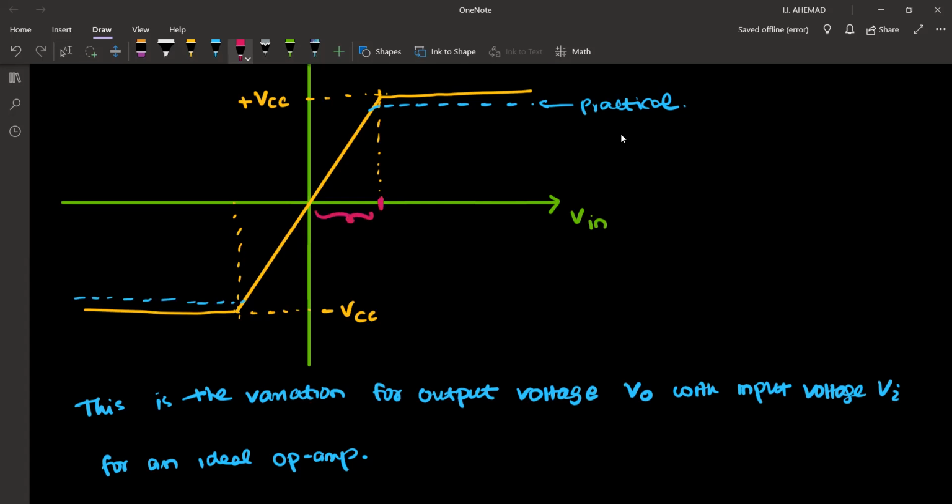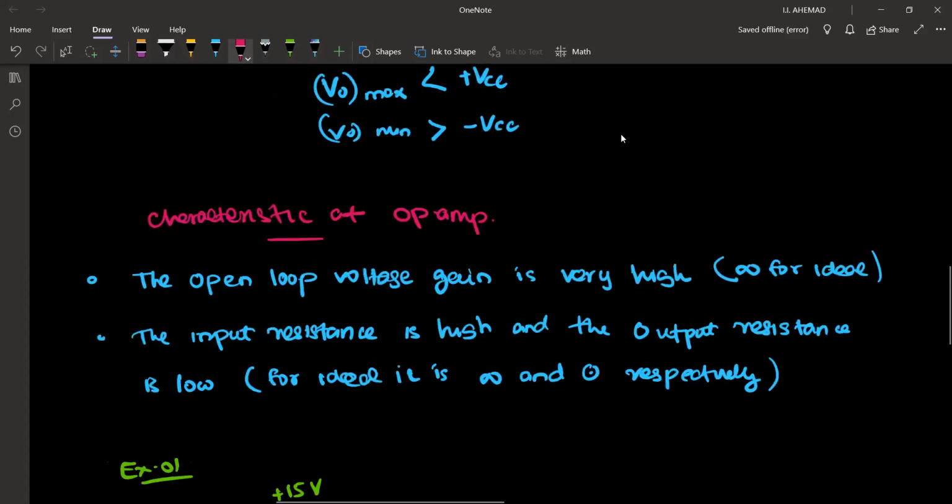For what value does it get saturated? This voltage Vin is positive. So for this positive, we get positive saturation, plus VCC. If it was negative, then we get the negative saturation. So here, V input is positive.